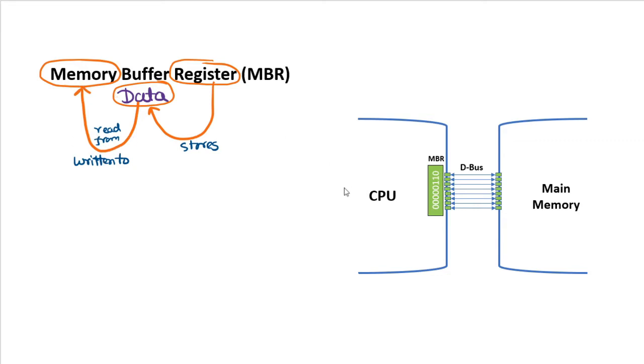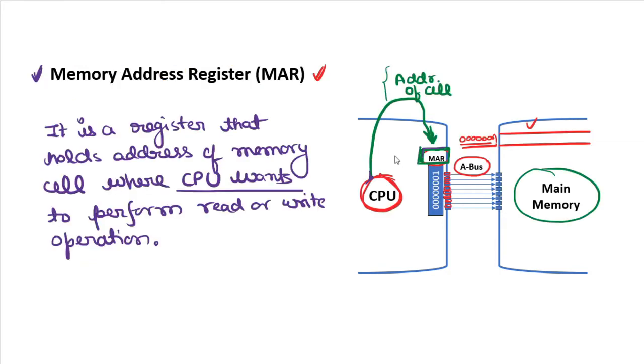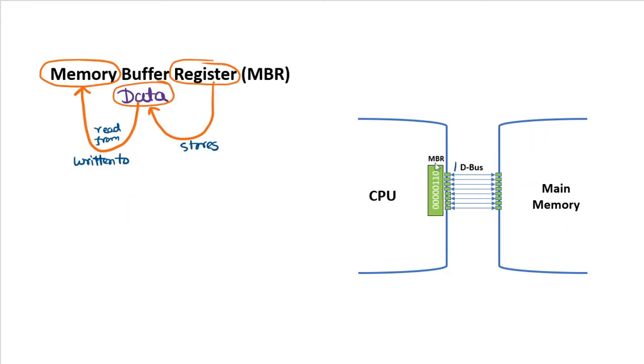Now what does it mean? We already saw that the address bus is connected to the MAR, the memory address register. Whenever we want to send or receive some data, we do that via the data bus.